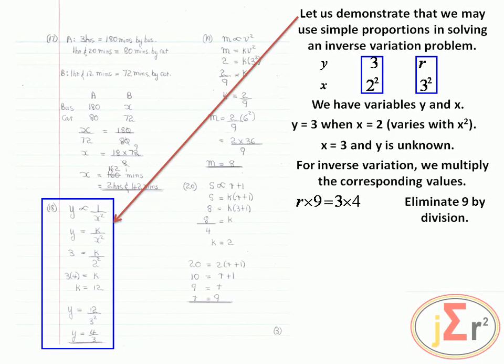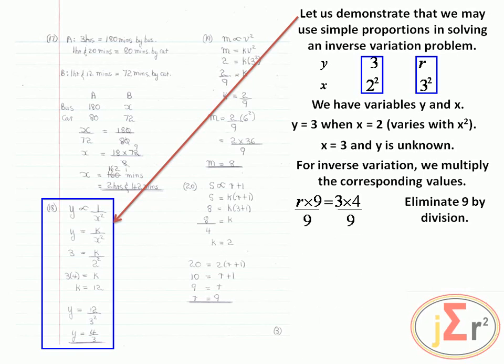R is multiplied by 9 on the left hand side. Therefore, in obtaining r, we will have to do the opposite of multiplication, which is division. So we will divide by 9 on the left hand side in order to eliminate 9. But we cannot do that on the left hand side alone.